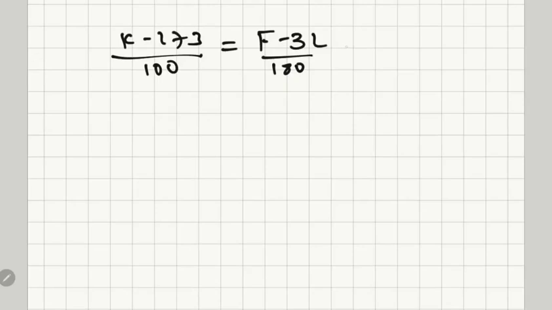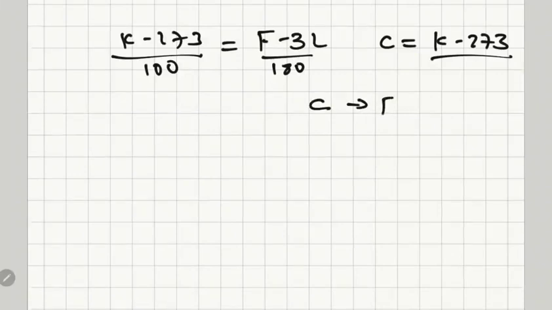So you can use this relation, and we have the Celsius reading is always the Kelvin reading minus 273. Now very simply, we know the expression for the Celsius, so this is C. We have the relationship between the Celsius and the Kelvin, and the Fahrenheit.